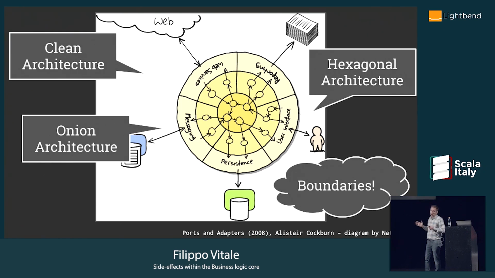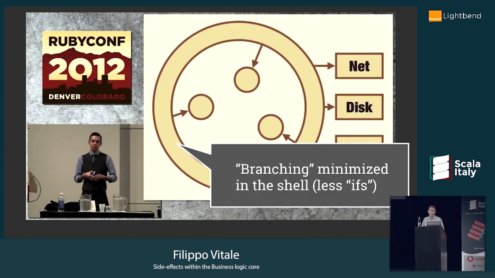They're all very similar, and what they have in common is boundaries. They really try to make boundaries between effects and your business logic. This is what they try to do, to minimize all the ifs, all the logic in the effect part.